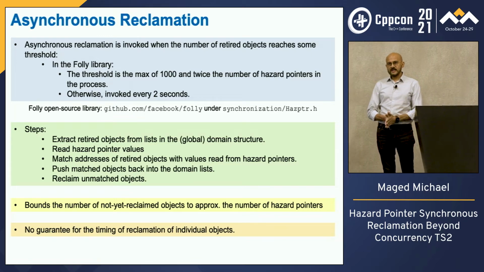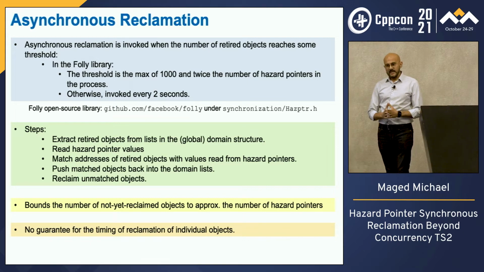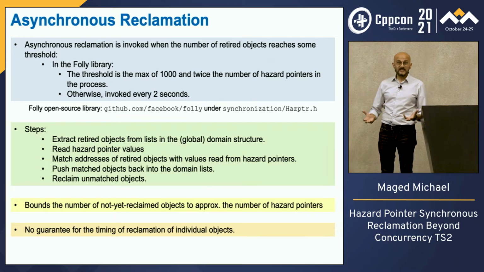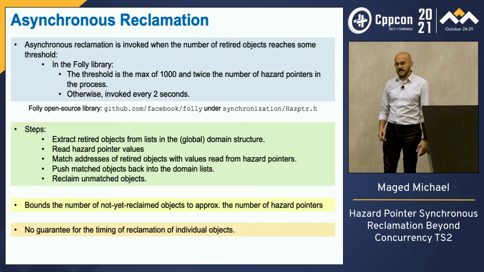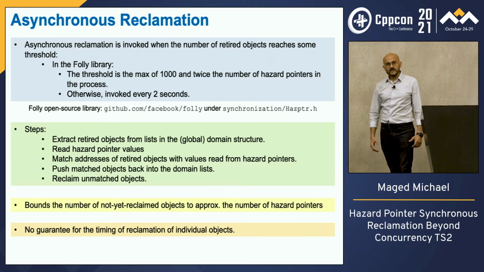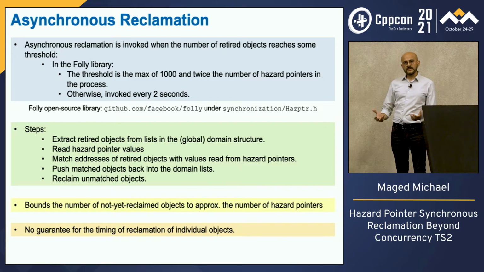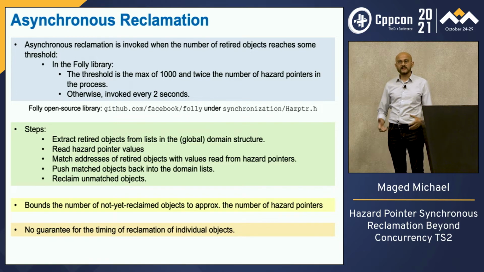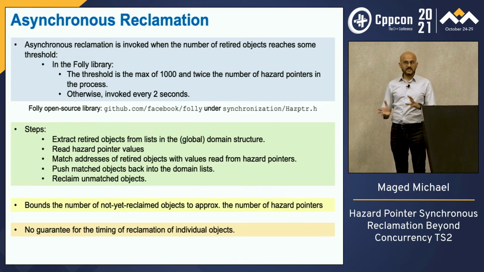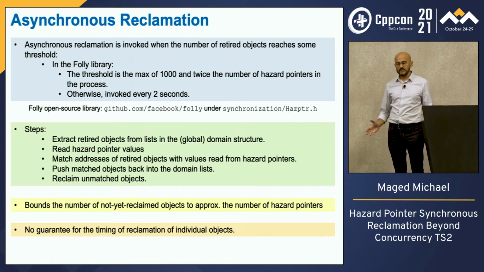So asynchronous reclamation, in the implementation in the Folly library, which is open source, gets invoked whenever we accumulate some number of objects that are retired and not yet determined to be reclaimable or not.